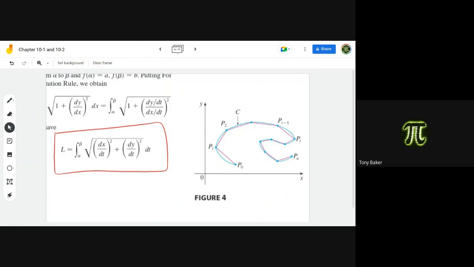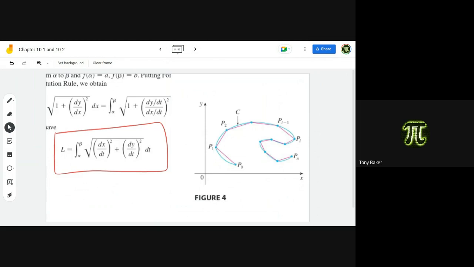Now, one of the cool things about the arc length formula for a parametric equation is it doesn't matter the direction it goes.